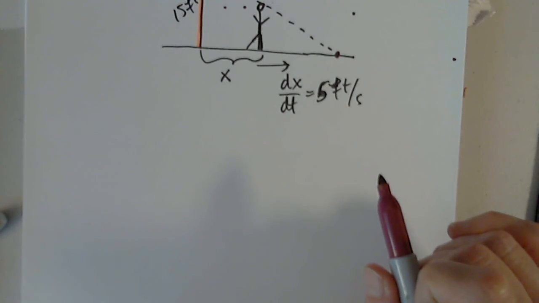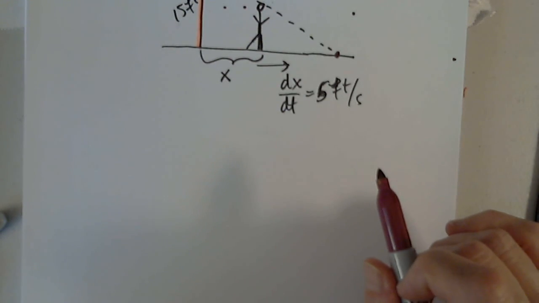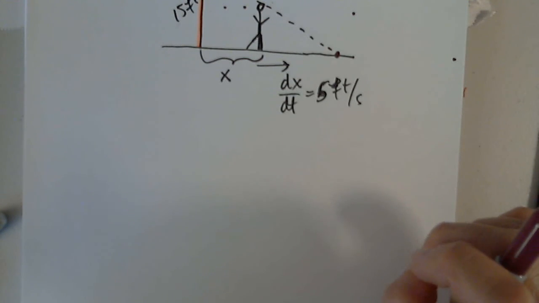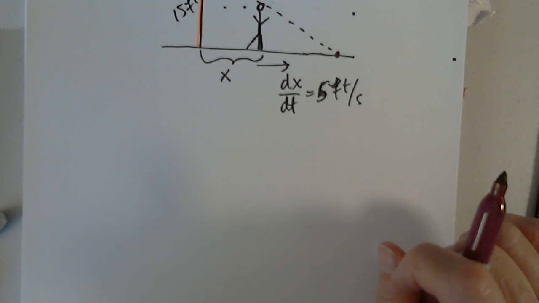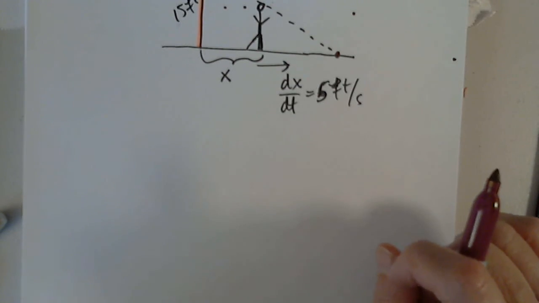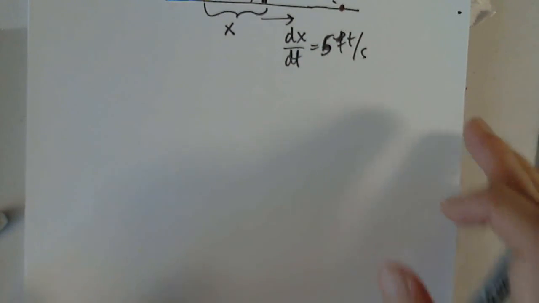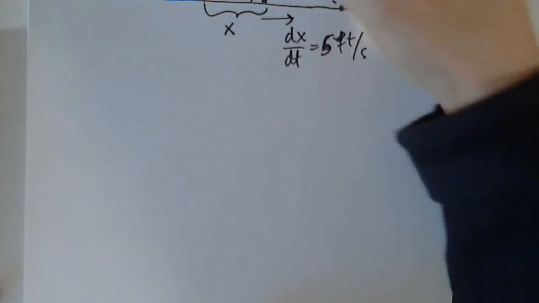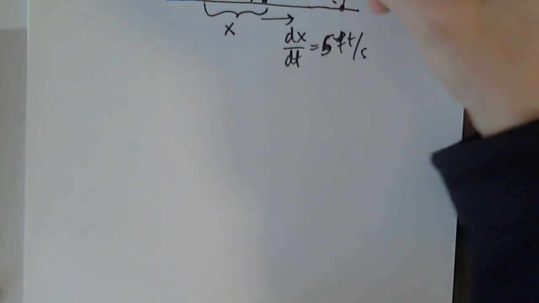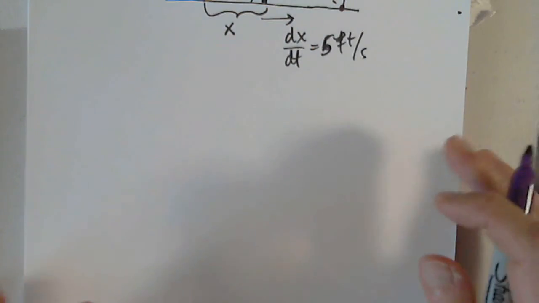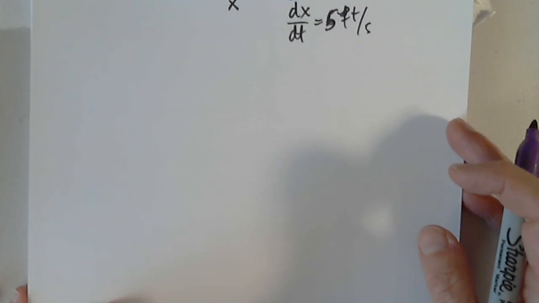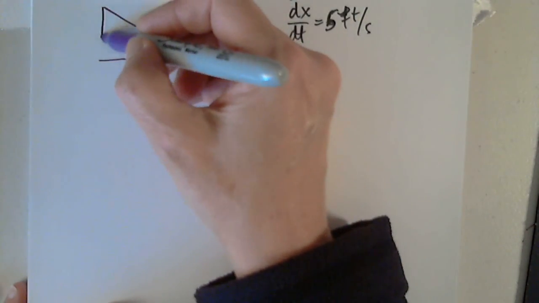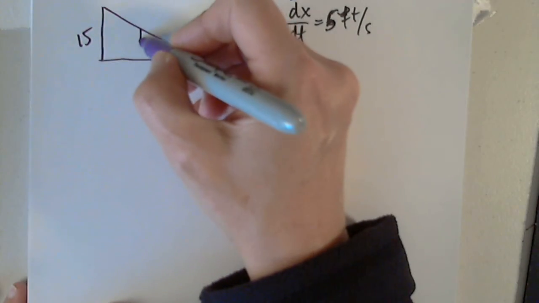How fast in feet per second is the tip of his shadow moving when he is 45 feet from the pole? I'm going to denote this by W. And we are going to use similar triangles again. So here's the situation. This is 15.